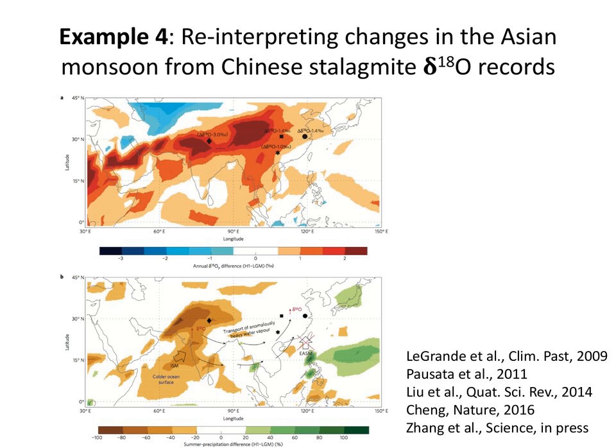This is a figure from Francesco Posada's paper with David Battisti, that has since been developed, with the same conclusions coming out in a number of different ways, looking at reinterpreting changes in the Asian monsoon from Chinese stalagmite oxygen isotope records.